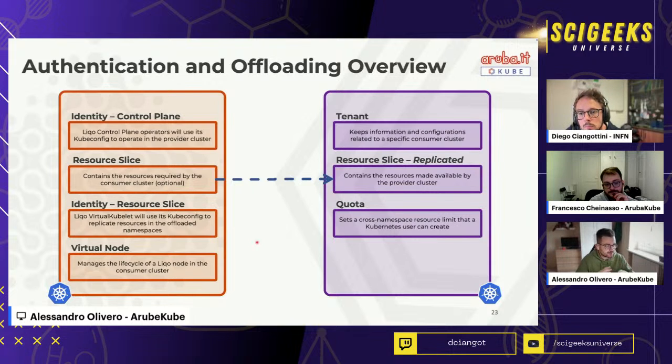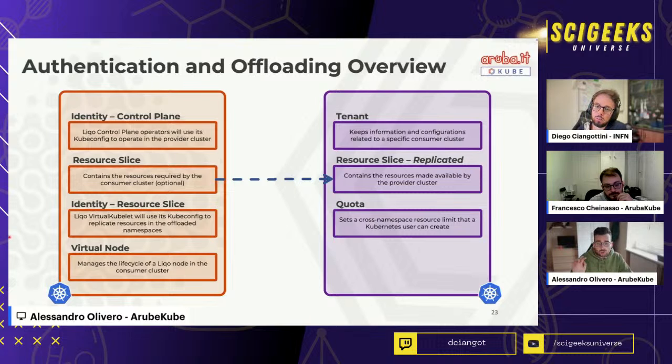Then we have the quota, that is a resource limit, across the current namespaces, related to the resource slice, and we will create our custom resource, the virtual node, that is basically responsible for the life cycle of the pod that is running the virtual kubelet, for the node that is exposed to the cluster, etc.